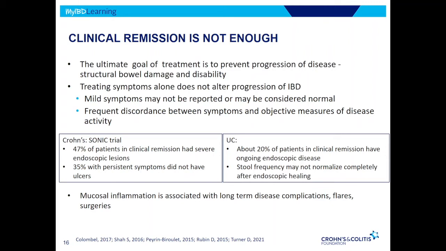For example, in one of the Crohn's trials, 50% of patients who were in clinical remission had severe inflammation at colonoscopy. And up to a third of patients with symptoms did not actually have ulcers, which is the definition of active disease in Crohn's disease. Up to a fifth of patients in ulcerative colitis, even if they're in clinical remission, can have active disease at colonoscopy.